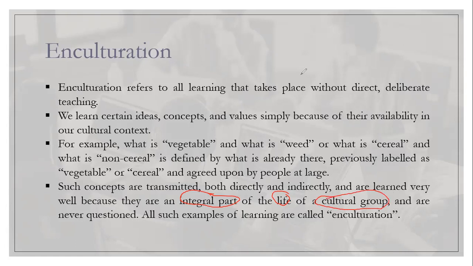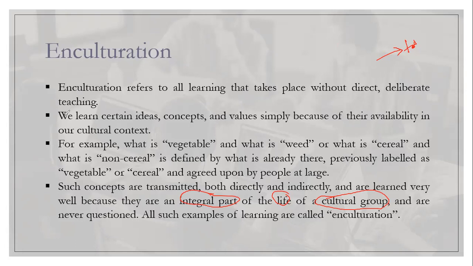For example, you will have questions after adolescence, but as a child you will not have many questions regarding food. Whatever food is fed to you by parents, you will eat it. You will not question why. During formal education, you will get those things.